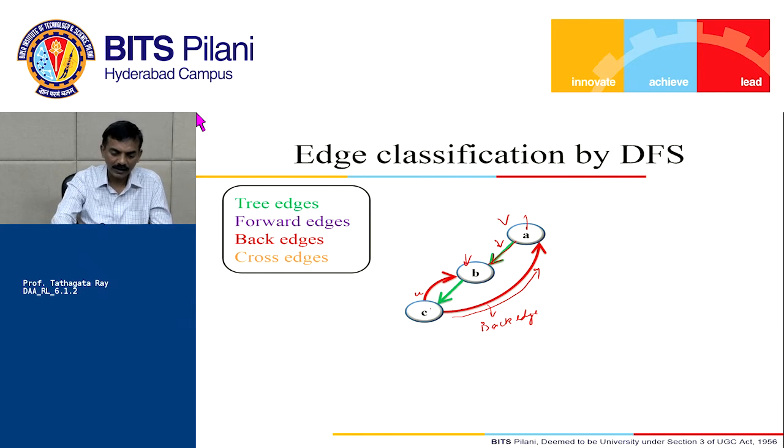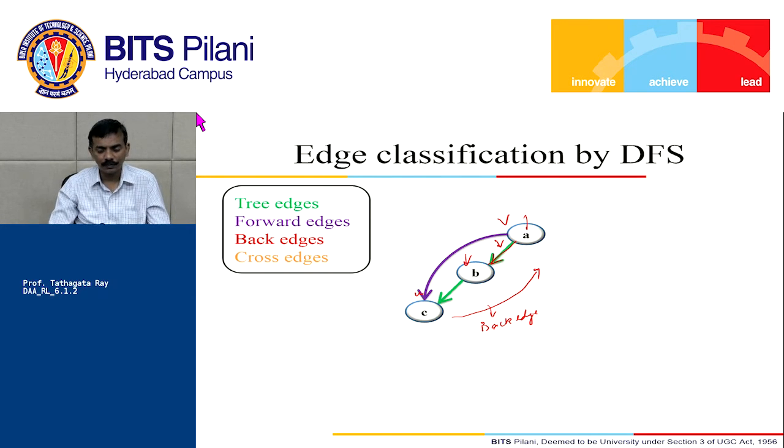So you can have a back edge between C and B. Also, if I have a back edge between C and B in my original graph, then also I cannot visit it, because B has already been visited. Then let's say we have a forward edge. In the original graph, there is an edge from A to C. When we started with A, we decided in our depth first search tree that we will go to its neighbor.